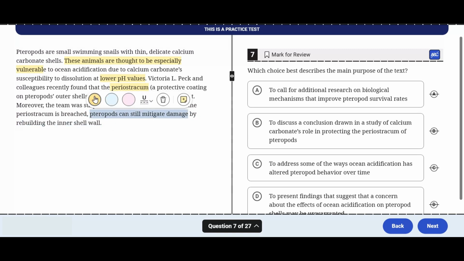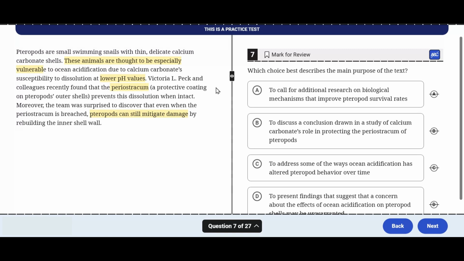So they have two ways to fight against this lower pH. That's the idea of the text. It's about the study that these researchers did in order to find out why these snails are still staying intact despite having their shells dissolve because of low pH values.